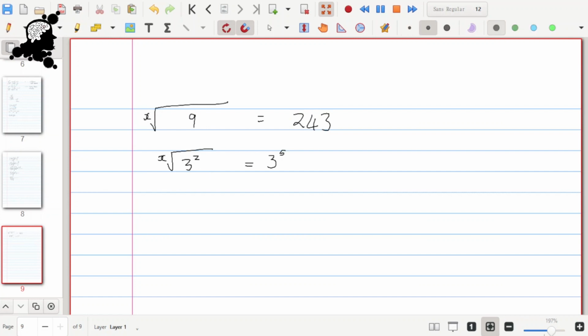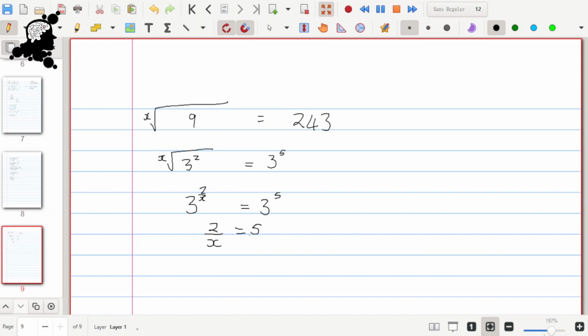Now we have a little bit of a problem here, which is not really a problem, but nevertheless. We have the xth root. We can write this in exponential form by saying this is 3 to the power 2 divided by x. This is equal to 3 to the power 5. The bases are the same. Let's drop the bases and equate the exponents. 2 over x is equal to 5.